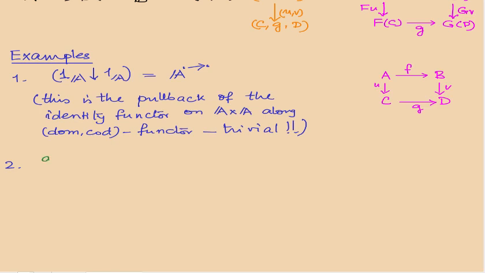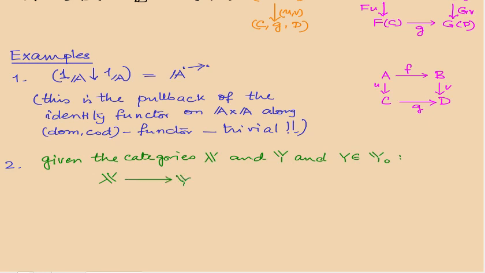So, given the categories X and Y, and an object, we have this functor which takes any object to that specific given object of Y, and therefore any morphism goes to the identity morphism of Y. Okay.